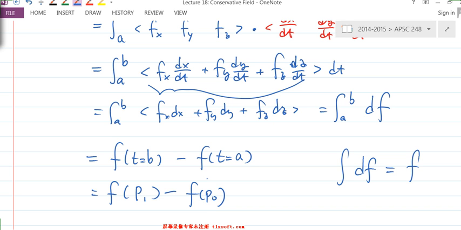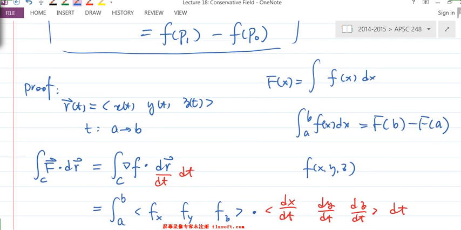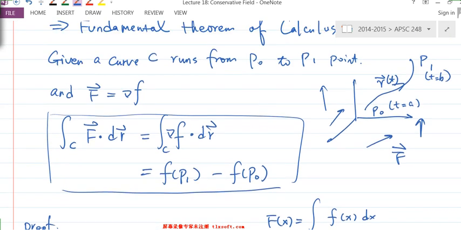So the difference is the line integral. So this actually gives us a pretty good result, and I'll summarize it in more detail next.